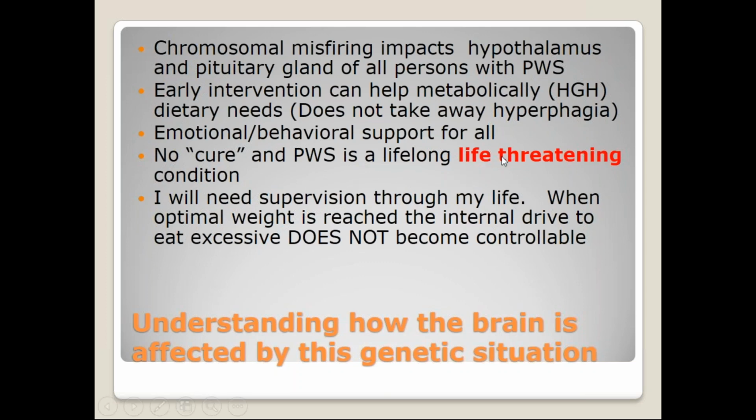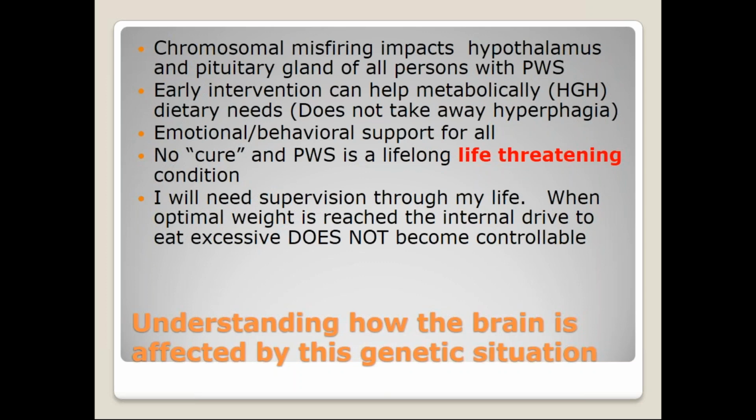Please remember, lifelong, life-threatening condition. We'll get to that towards the very end. But even if I'm normally weighted and I have good control over my eating skills, it doesn't mean I don't still have the same basic outcome as I've had before. So in other words, I may be normally weighted for 10 years and be fairly independent.